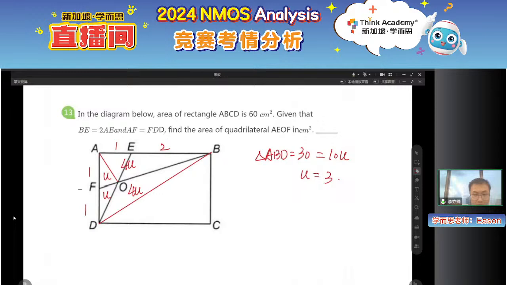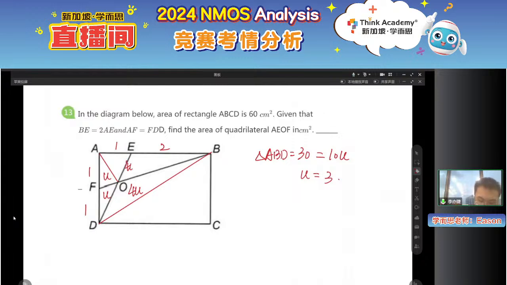It's actually to find AEOF, because if it's based on AEOF, then this is not an integer. Is that okay? But never mind. Yeah, it's an integer.